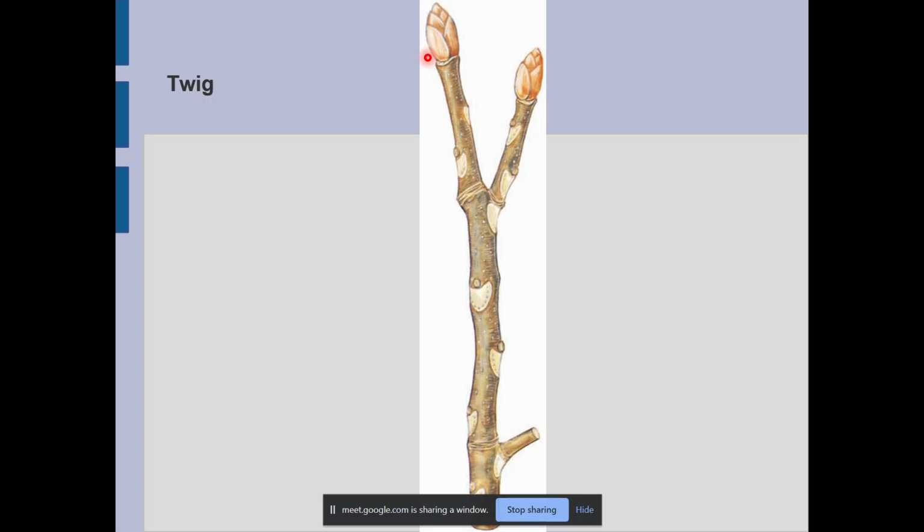All plants have primary growth, and some of them also have a secondary growth. Stems with only primary growth are herbaceous, and the secondary growth is only seen in woody tissues.